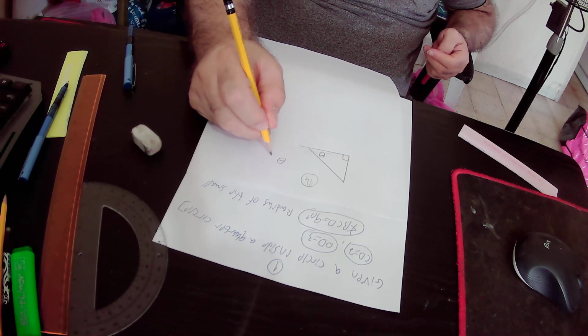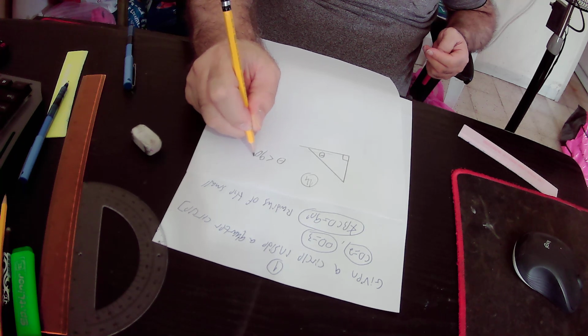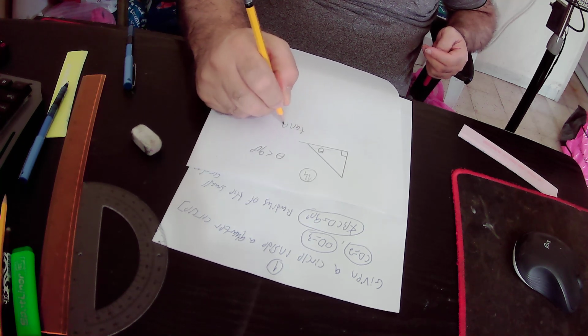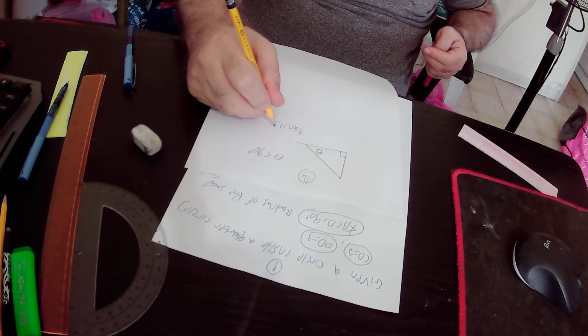Theta is less than 90 degrees, and therefore tangent theta is positive, is greater than 0.